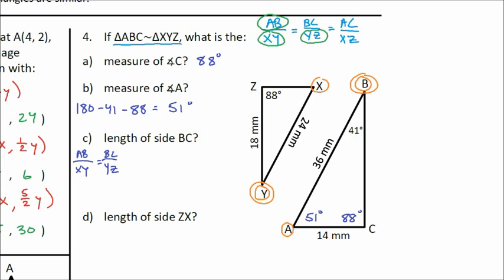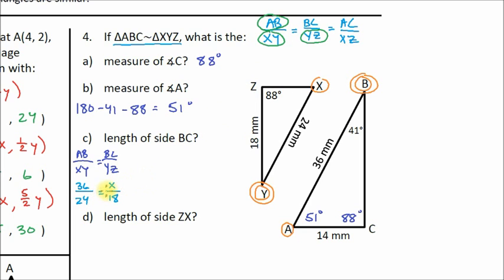Let's go ahead and plug in what we know. So AB is equal to 36, XY is equal to 24, BC is our unknown, that's what we're solving for, and YZ is 18. All right, let's cross multiply.